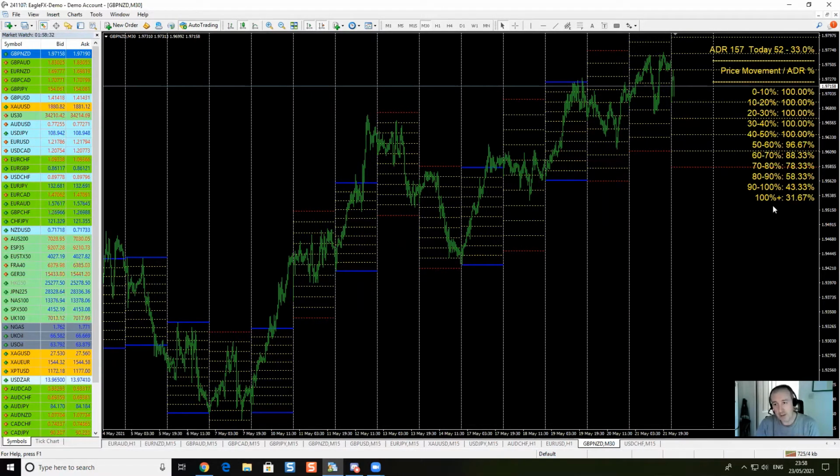Over here, it gives you a percentage of what this actually did. So if you look through, 0 to 10%, 100% of the time, it will reach it. Generally, it would. 40 to 50% of the time, so 50% of that 157, 160 pips. So it reached 80 pips 50% of the time, and then it starts to come down, okay?